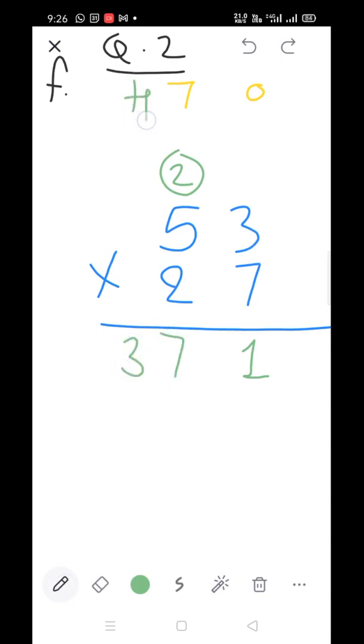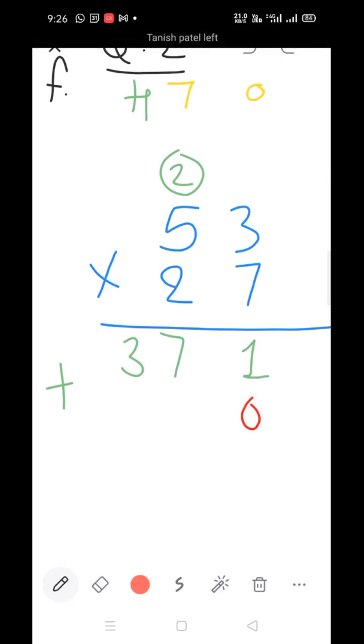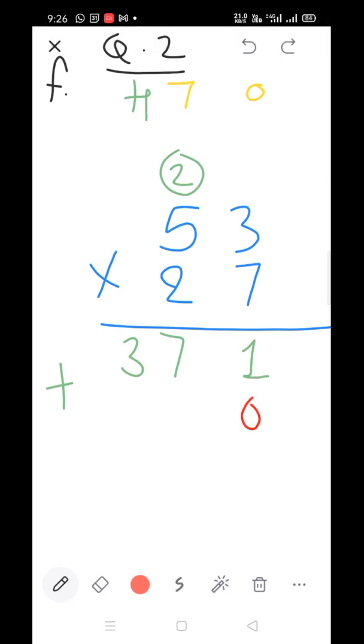1 place added, 100. Next multiplication, 2 with the 3 and the 5, but it's on the tens place, so you have to firstly put 0 on the ones place. Now 2 multiplied by 3, 2 threes are 6.